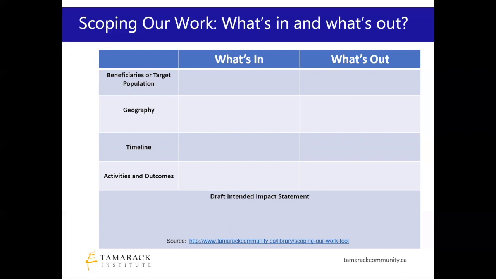It also leads into activities and outcomes. And at the bottom, from all of this, you might want to then think about what's our impact statement, what's our common agenda. An intended impact statement is just another way of saying, you know, our common agenda, right? It's what's the impact, what's the change that we want to achieve together.